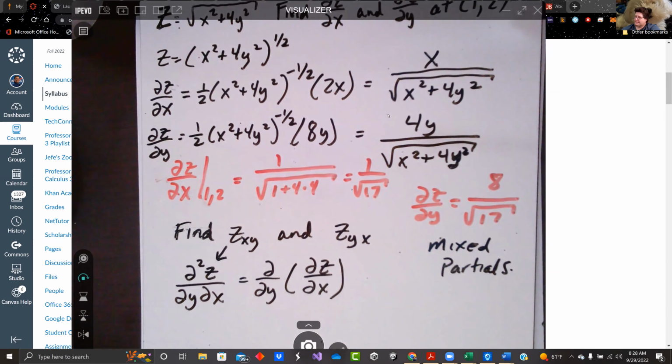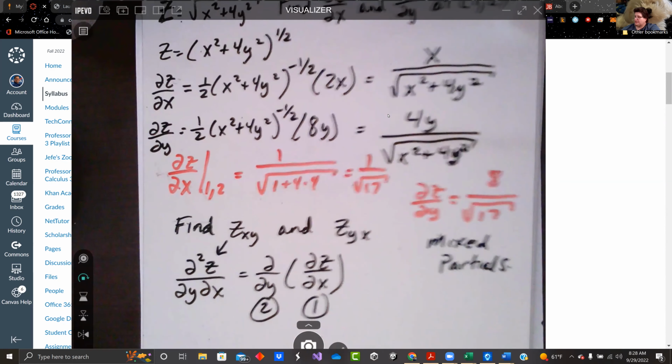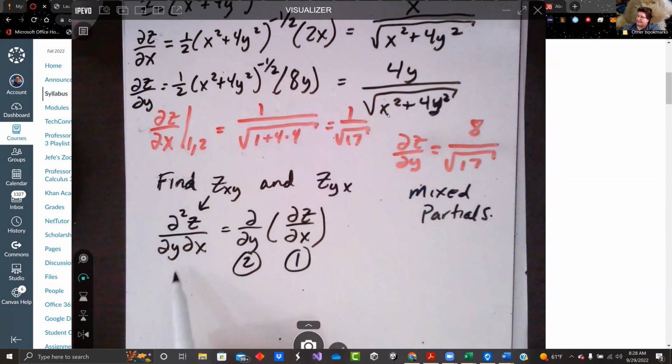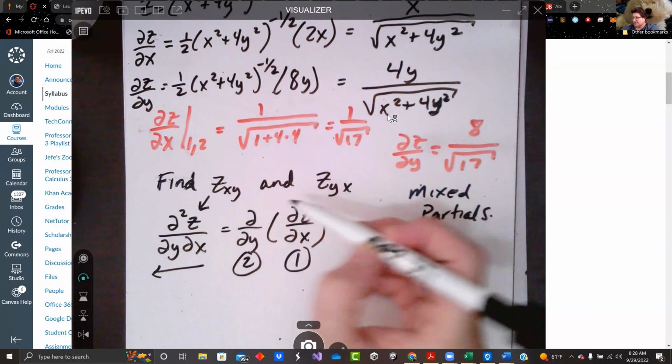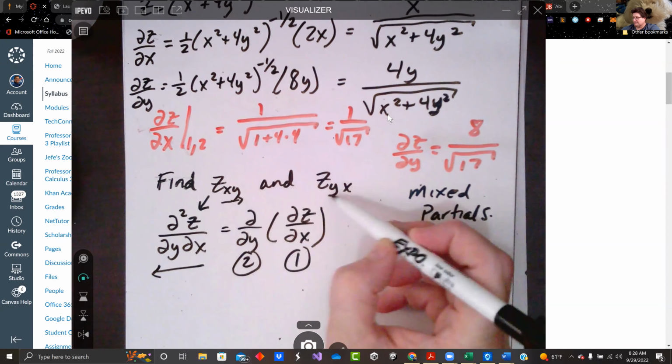So we do dz dx first, and then take the derivative with respect to y. In the notation with the d's in it, you have to recognize that it goes in backwards order. In terms of this notation, it goes left to right.